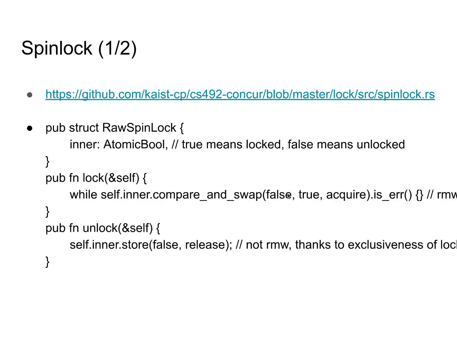If that is the case, you have to loop again: go to the beginning of the loop and try the compare and swap again. That's the reason why this is called a spin loop. It is spinning in the while loop, and only if it successfully replaces the value from false to true will it exit the loop and return from this function.